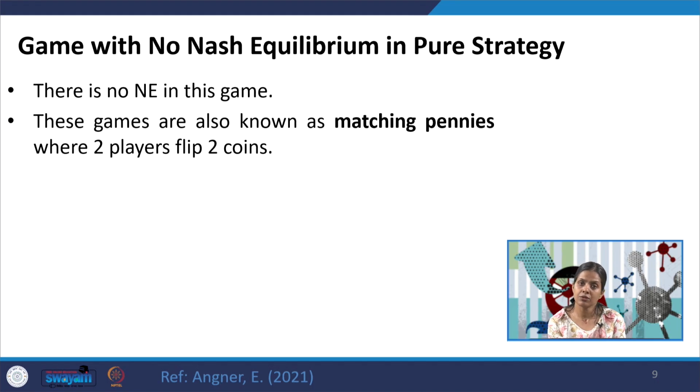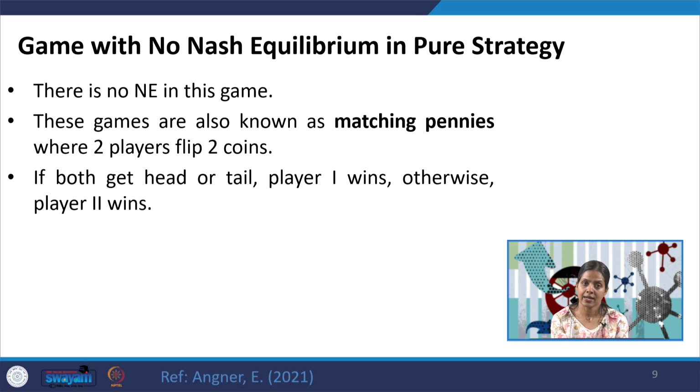These games are also known as matching pennies, where two players flip two coins. If both get head or tail, player 1 wins, otherwise player 2 wins. So, basically both of them toss a coin, and if both of them get the same thing, either head or tail, then it is for player 1 to win.